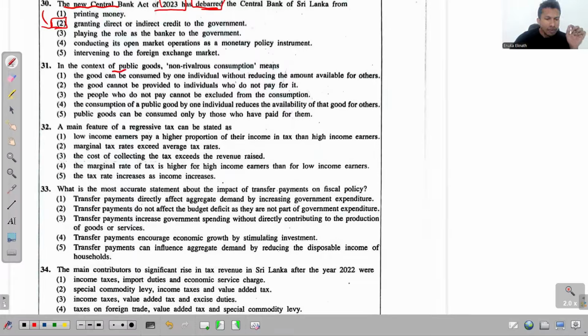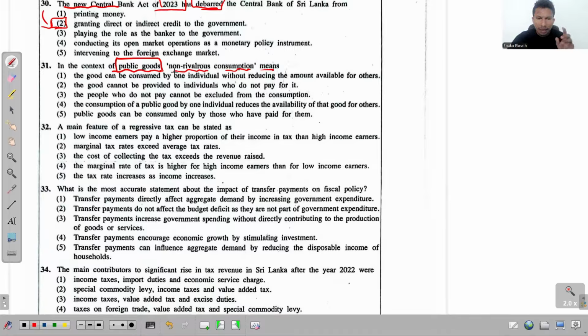In the context of public goods, non-rivalrous consumption means... See, when it comes to public goods, we see two different qualities. On one side, we say they are non-rival, and on the other side, we say they are non-excludable.